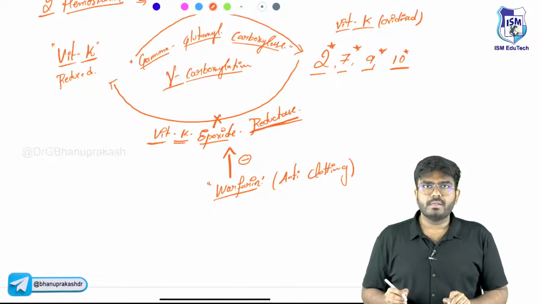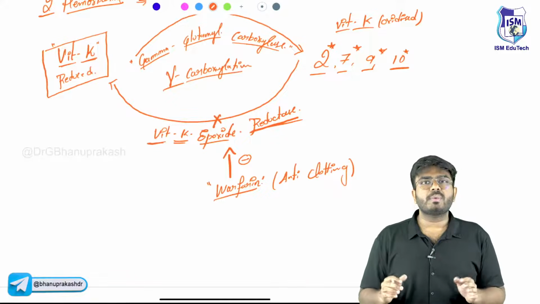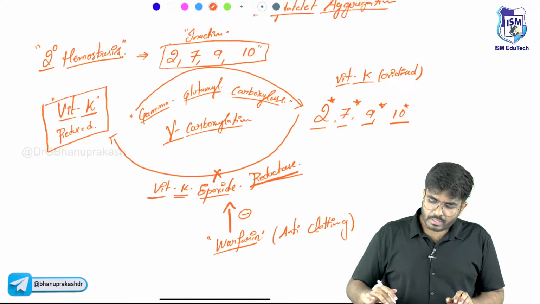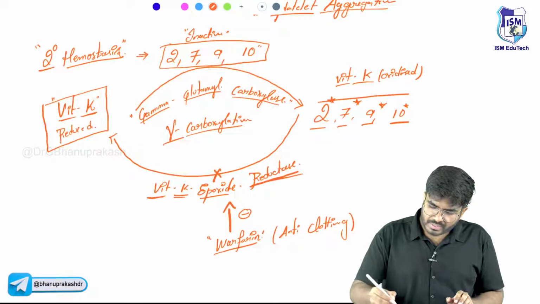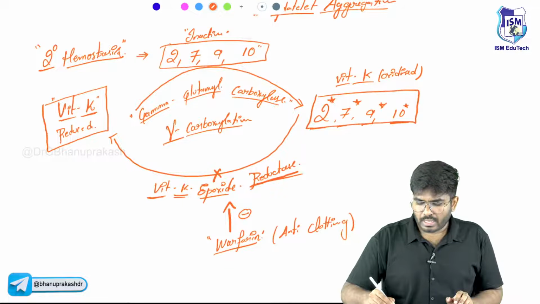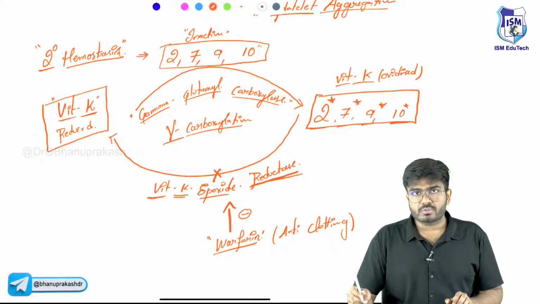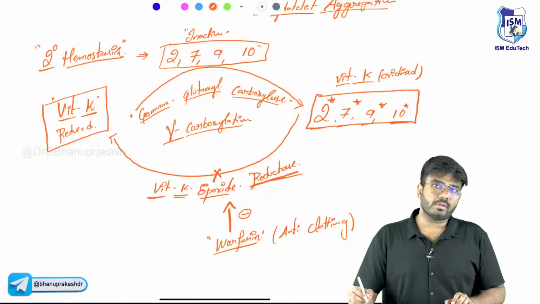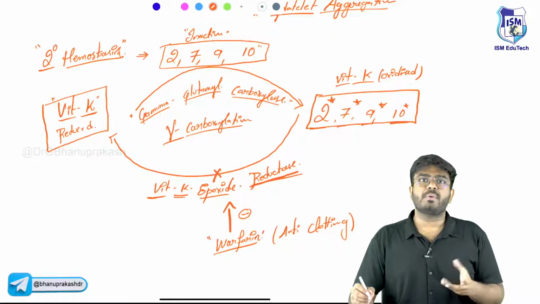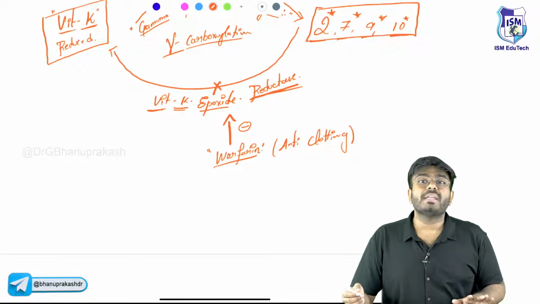When it is inhibited, there is no reduced vitamin K. Without vitamin K, do you think gamma carboxylation of factor number 2, 7, 9, 10 is possible? No, not possible. Without these clotting factors, clotting will not happen, no clots within the blood vessels. So warfarin is anti-clotting medication.